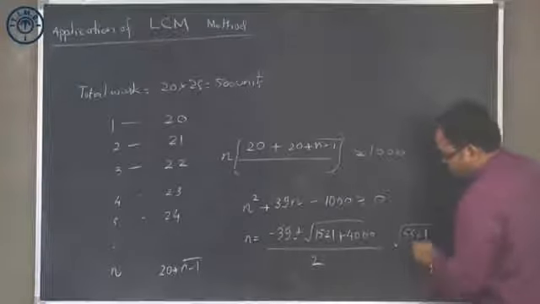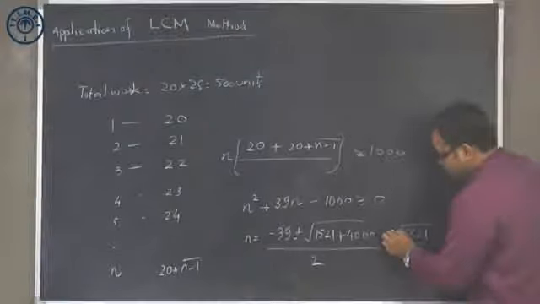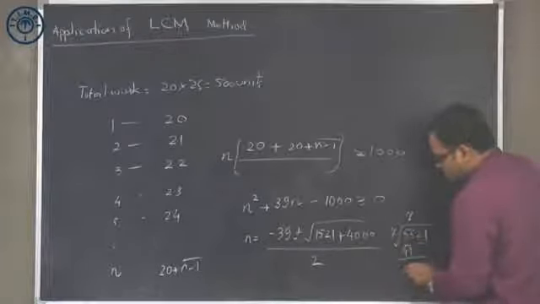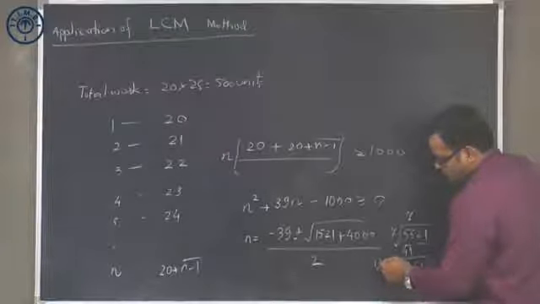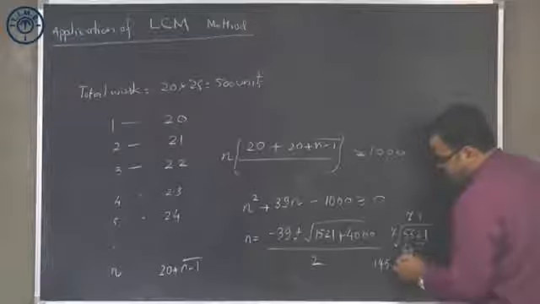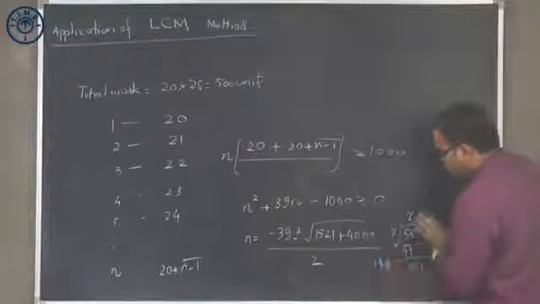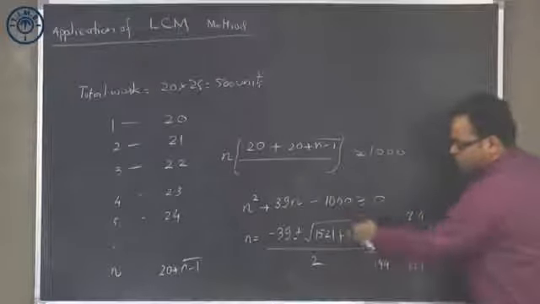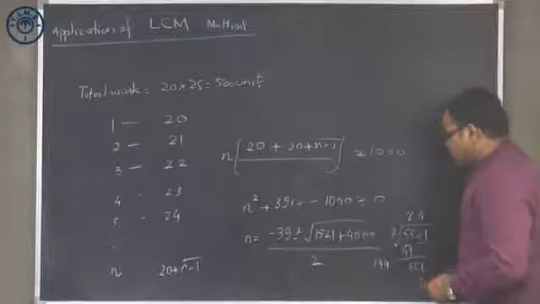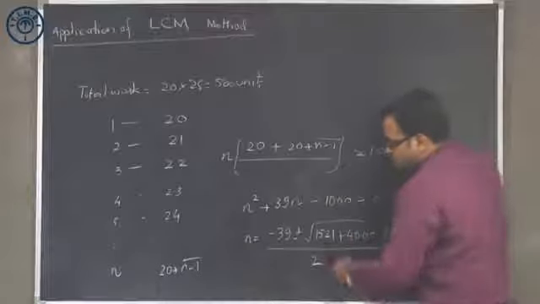The square root of this: 7 sevens are 49, and the remaining is 621. 7 twos are 14. This will be 5 times 5, 5 fives are 25, and this will be more than this, so this will go only 4 times. This becomes 4. This value will be slightly more than 74.